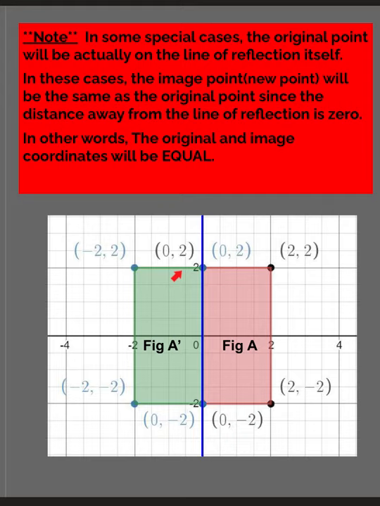So the coordinate of that point is going to end up being the same, and same with the one below. And that's okay. But each of the other points, you can see this point over here and this point over here, each of them is 1, 2, 3, 4 spaces away from the line of reflection. So 1, 2, 3, 4 spaces away on the opposite side of the line of reflection.